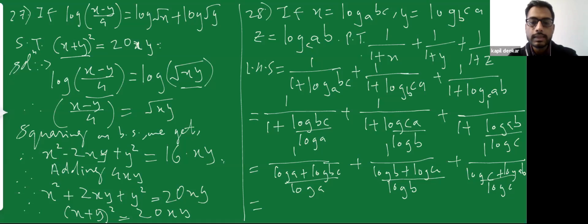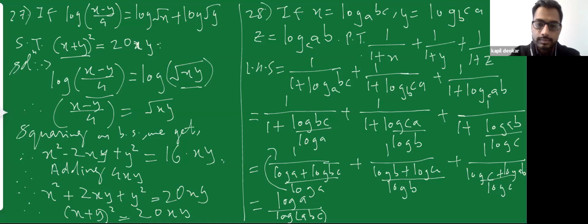The term which is present in denominator's denominator can be written into numerator according to laws of indices. So I can write this log a into numerator. So this would be log of a divided by log a plus log bc, applying formula log of a plus log b, log of a into b. So log a plus log bc can be written as log of a into bc, that is log abc.